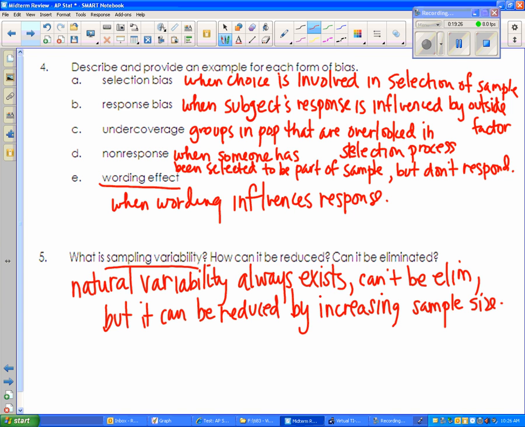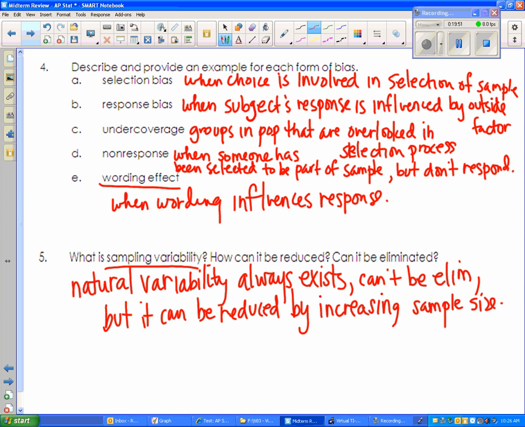Okay. If there is bias in the sampling design, it's not the same thing as sampling variability, but I know there was a little bit of confusion with how to reduce bias. Increasing a sample size will not reduce bias. If I am taking a convenient sample of 10 people, increasing my sample to 100 of my friends doesn't make it any less biased.